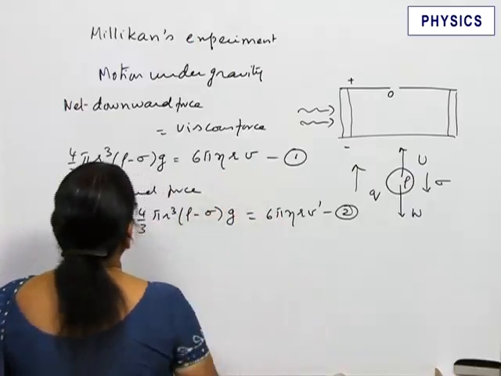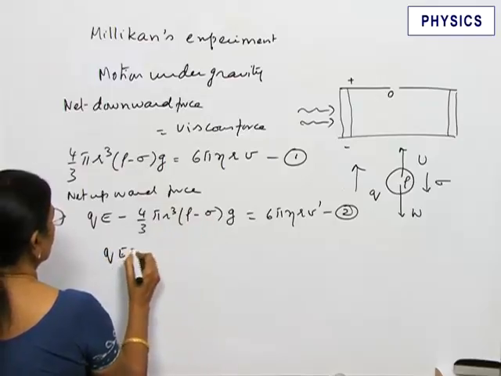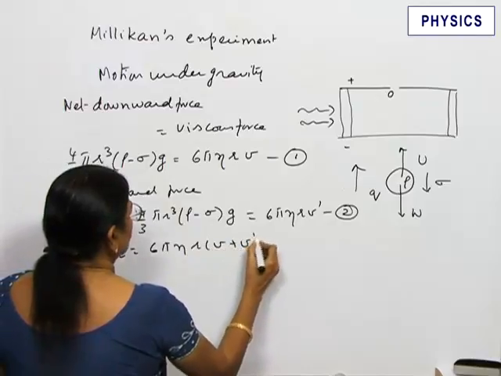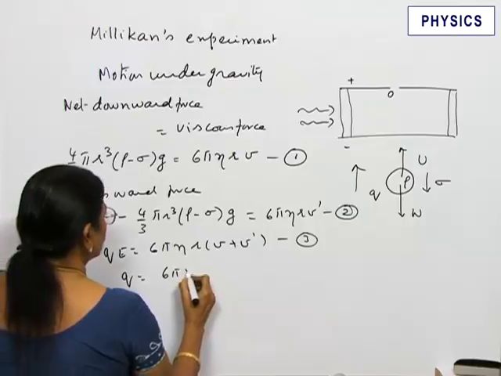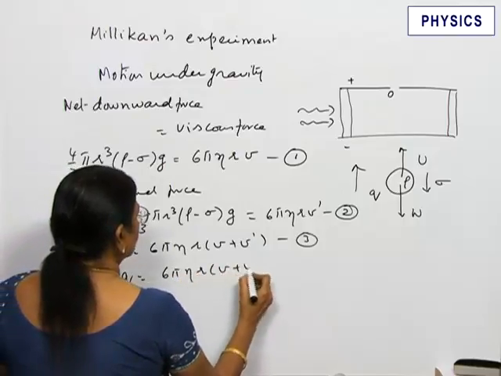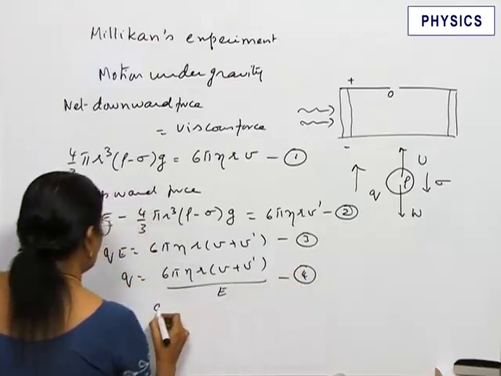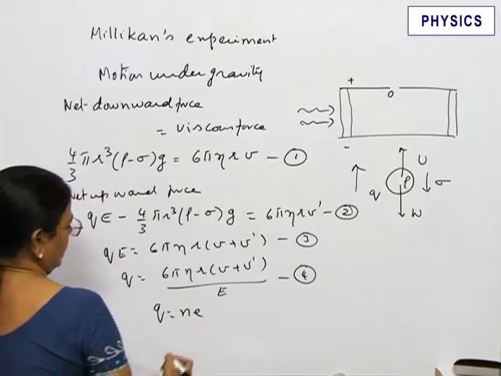Now add these two. When you add these two, this gets cancelled. So we get QE = 6πηr(v + v'). So Q will be equal to 6πηr(v + v')/E, and Q = Ne, where N is the number of electrons it has picked up.